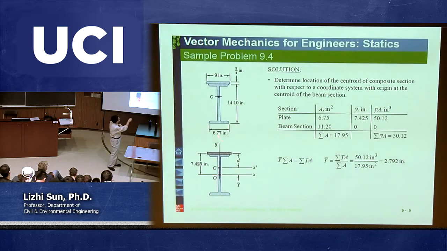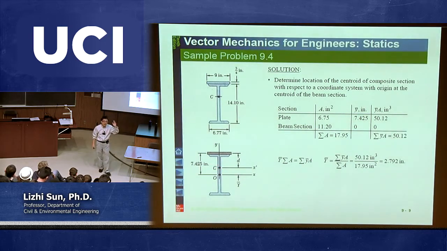Based on this coordinate system x, y, from C to O is called the capital Y bar. But let me ask you, what is the x component of this point C? That's x bar, and that's equal to 0, because it passes through the y-axis. Okay? Anybody have other questions?